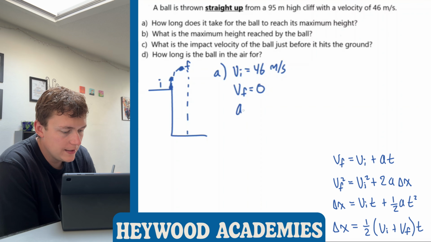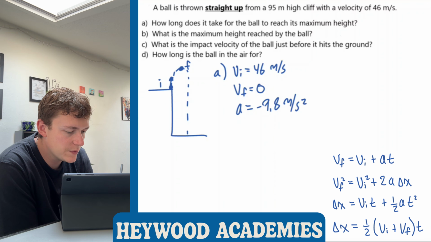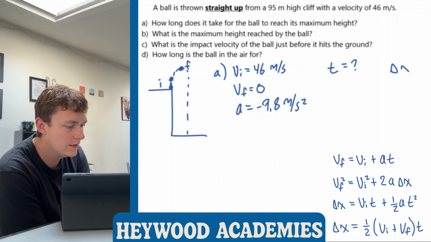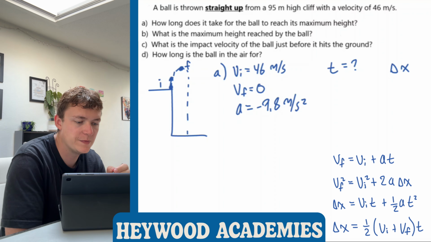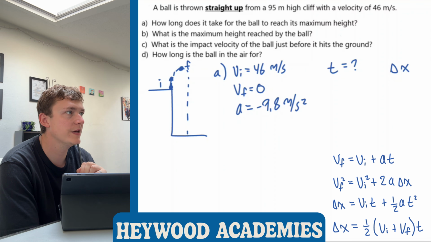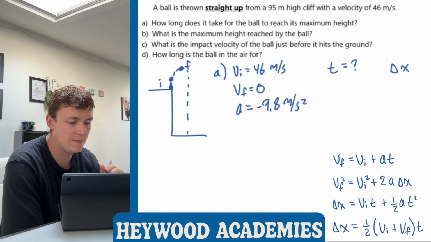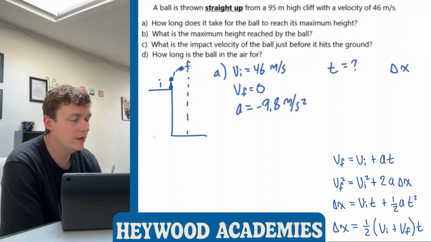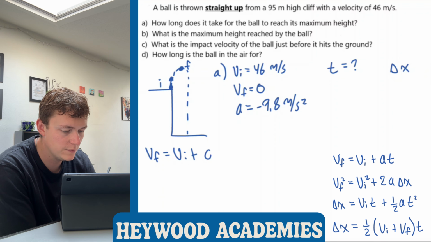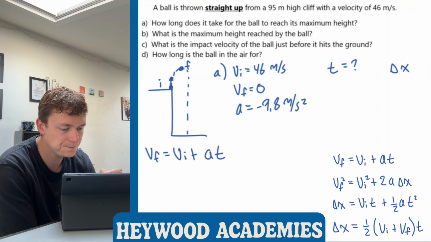Okay, what else do we know? Acceleration is negative 9.8 meters per second squared, and we're looking for the time is what we're trying to find, and we don't care about the displacement for the first part. So we're trying to find the time when we don't care about the displacement, so we can go and grab that first equation, which looks like we're going to want this one. V final is V initial plus acceleration times time.